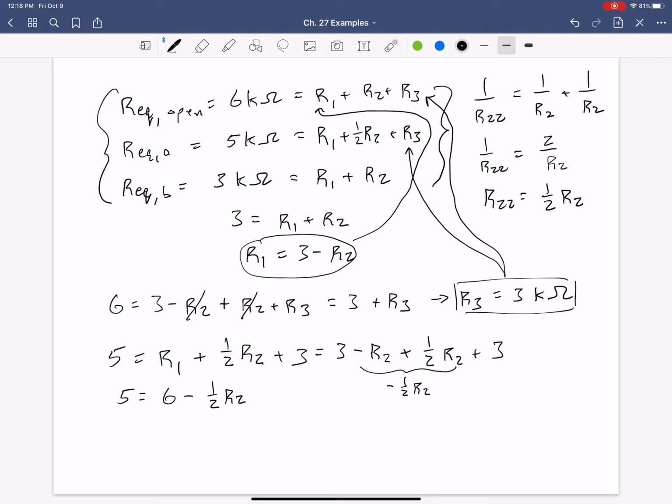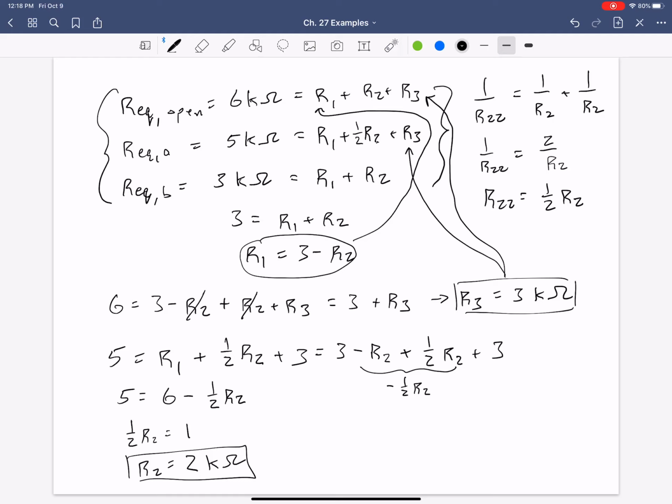And solving for R2, bringing the 1/2 on the other side, we have 1/2 R2 equals 6 minus 5, which is 1. Thus, R2 is equal to 2. And remember, the units were actually kiloohms.